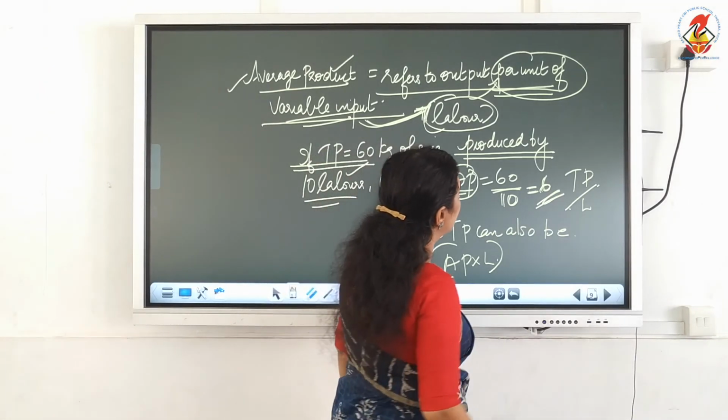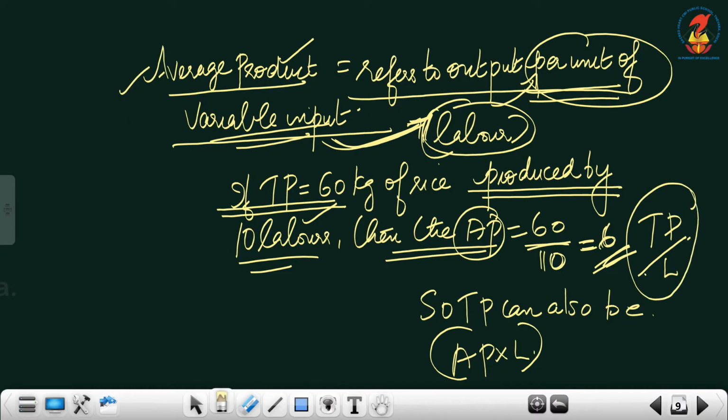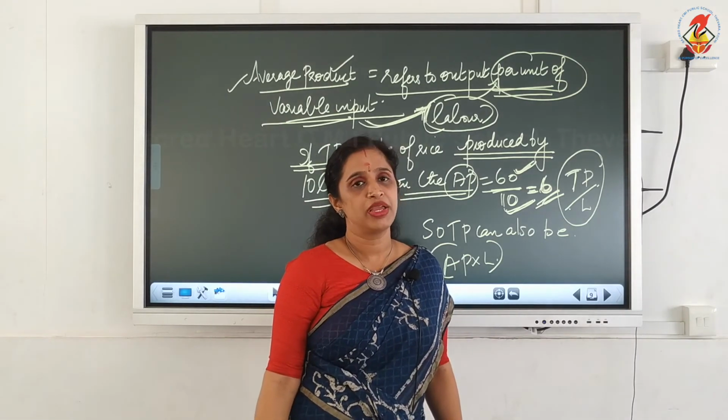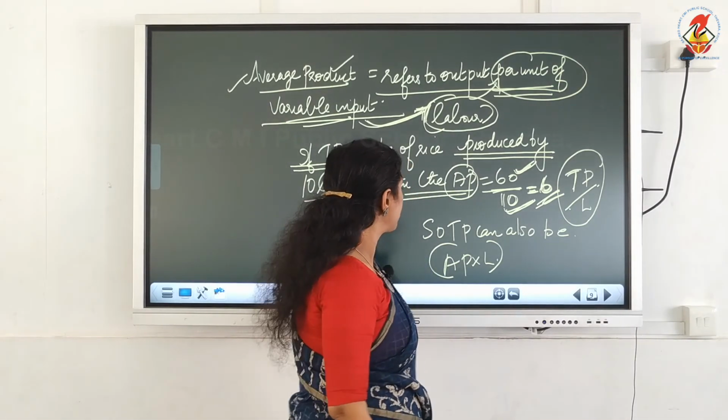How will you find that? We can find it using the formula TP by L. What is TP? 60. What is L? Number of laborers, 10. So 60 by 10 will give you 6. So AP is equal to TP by L. An average of 6 kg of rice can be made by the laborers.